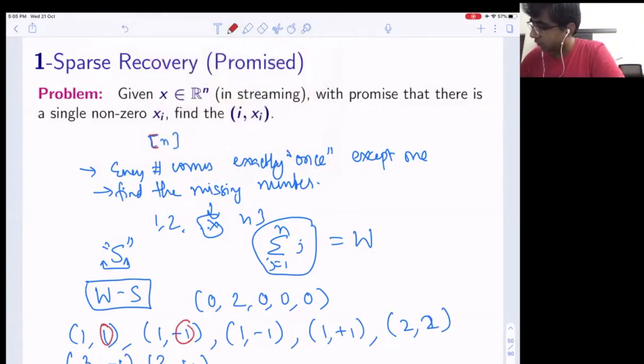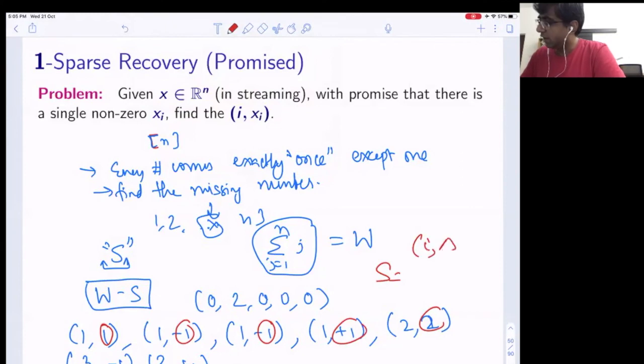Whenever changes come, I have s. I say, oh, delta I has come. Okay, let's make s plus delta I. This is all that I will do. What will be at the end stored in s?